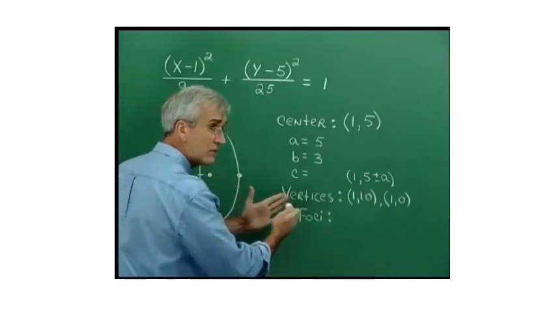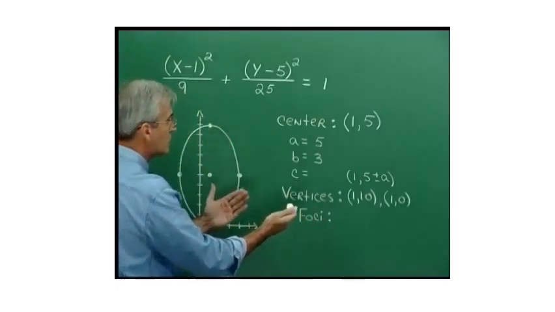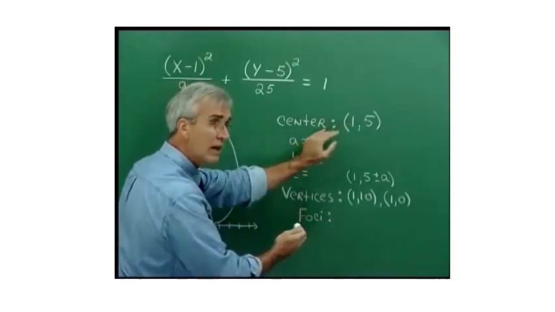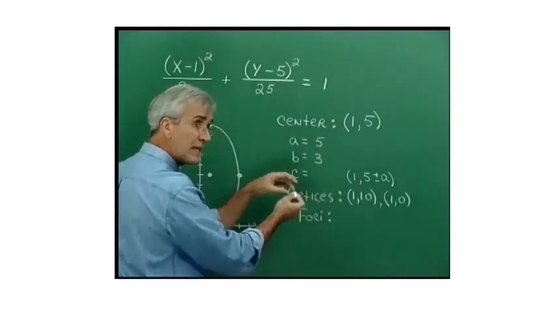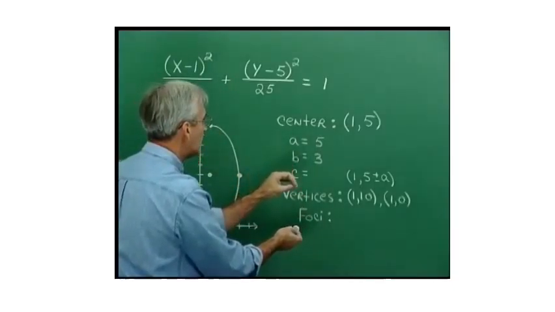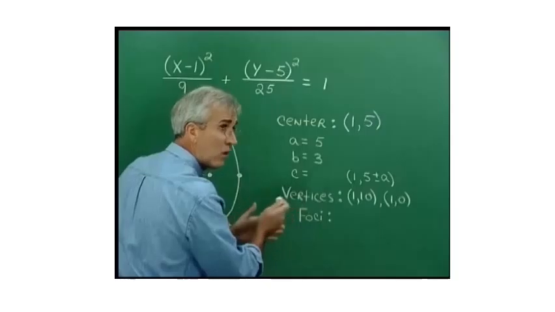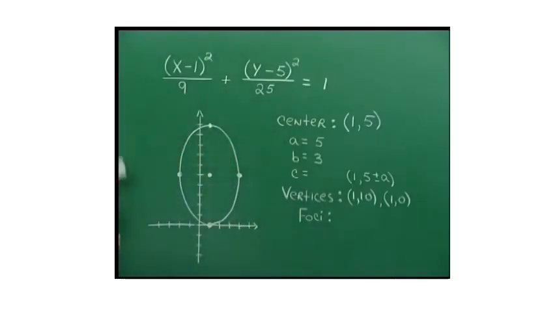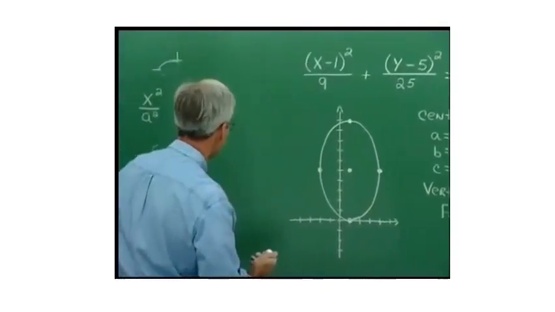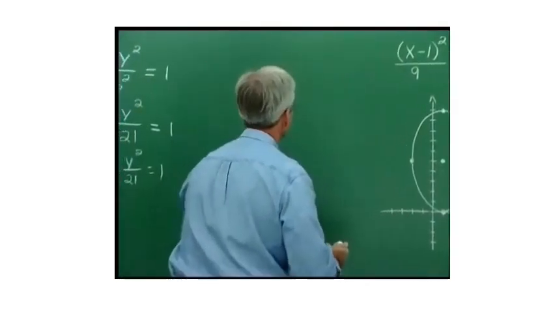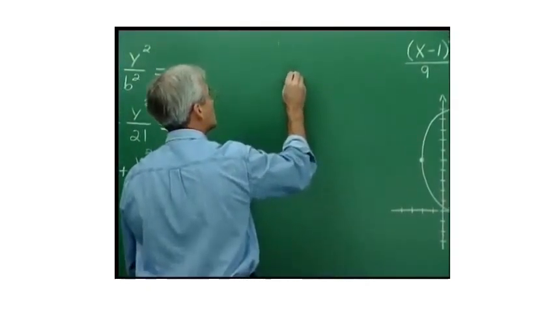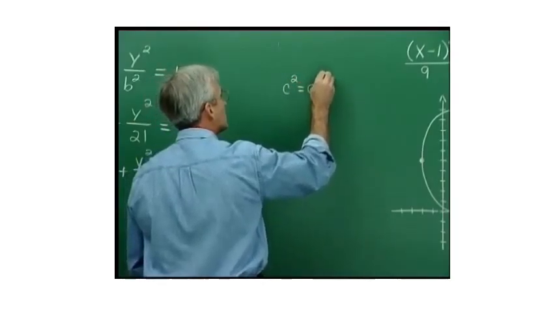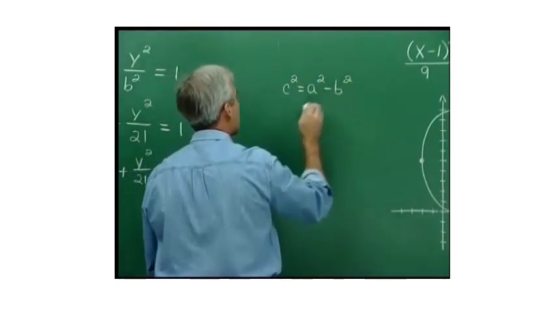Now for foci, it's a very similar kind of thing because we're working off of the center and we go a distance of c in those 2 directions. And let's now make the calculation for c. I haven't done that yet. Let's come back over here to do that. We know that c squared is a squared minus b squared.